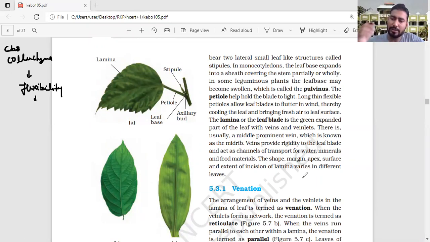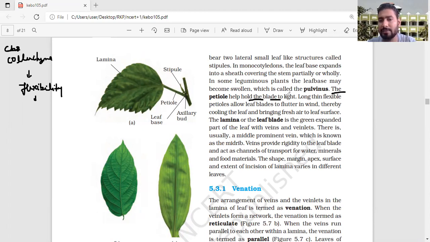Now this is the reason, so it is clear. Pulvinus is found in dicot plants of the Leguminosae, as the swollen leaf base. Sheath cover is found in monocots, covering all monocot plants. And the petiole holds the blade to the light.